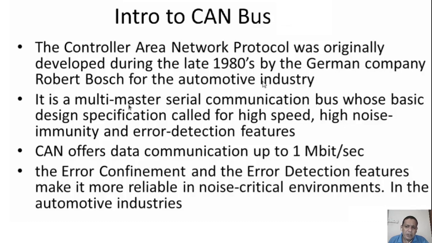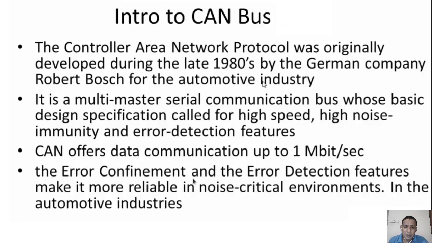It is a multi-master serial communication bus whose basic design specification called for high speed, high noise immunity, because automotives work in a highly noisy environment, and error detection features. CAN offers data communication up to 1 megabit per second.